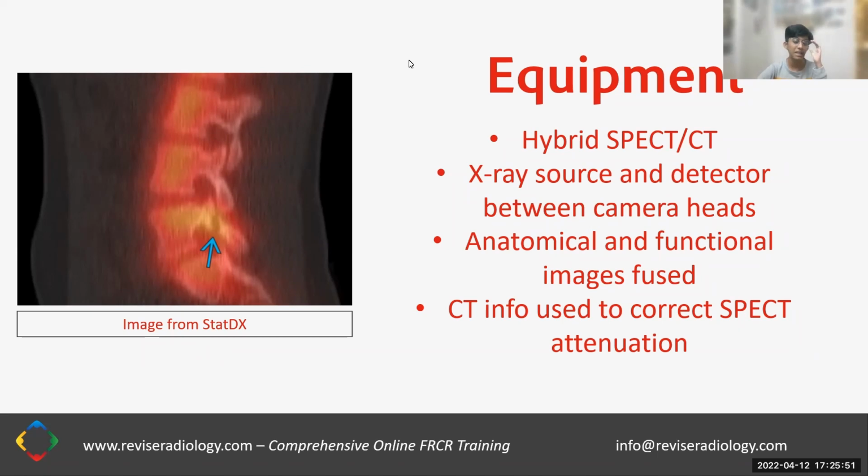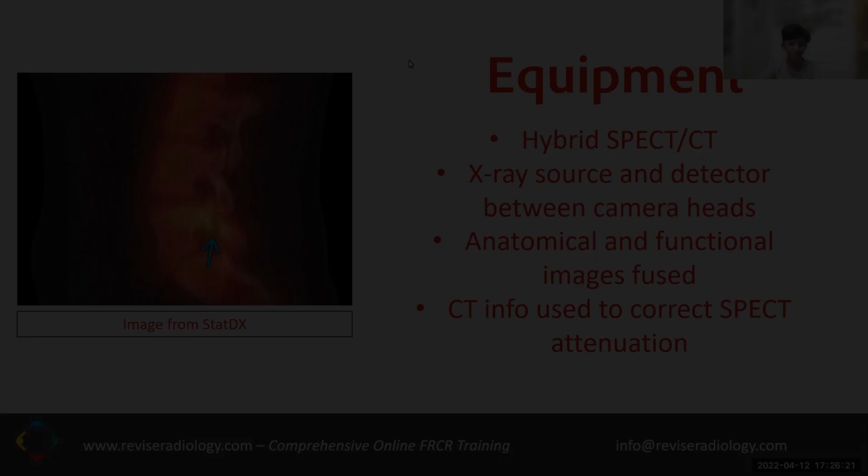The patient will also be irradiated with X-ray radiation, and the anatomical image will be constructed, and both the anatomical and functional images will be fused together. One benefit of this type of hybrid system is that the CT information can be used to correct the SPECT image and get an image that's better for the radiologist to look at to pick up the features of clinical interest.